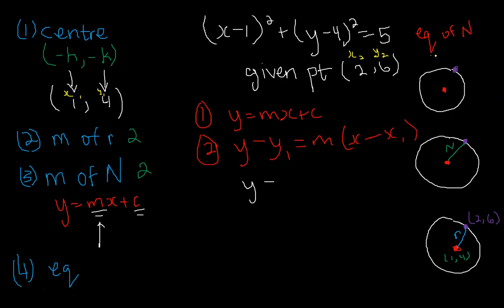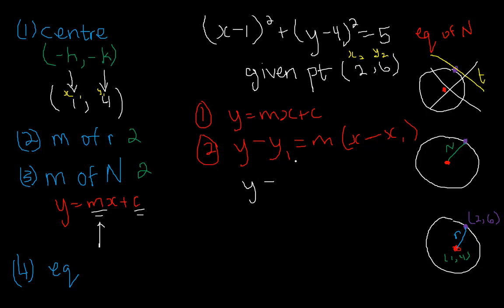This yellow line is the tangent. So unlike the tangent that only passes through this given point, it does not touch the center at all. The only point that lies on this tangent is this purple point. That's a tangent. So I'll put T for tangent. But that's not what we're looking at right now. We're looking at normal. For the normal, both points lie on the line.